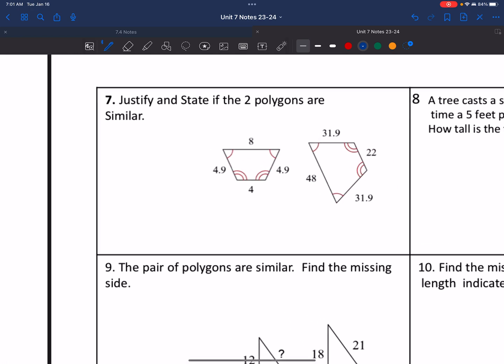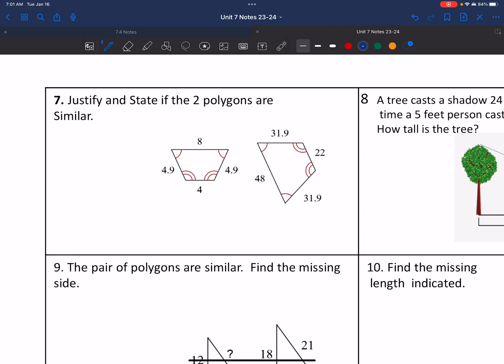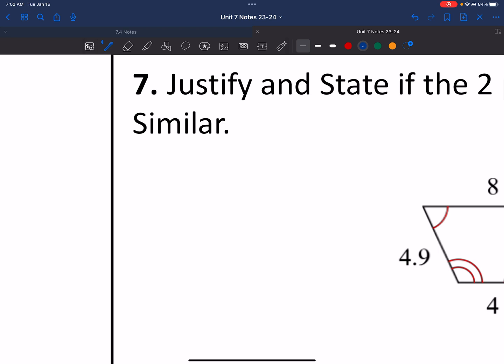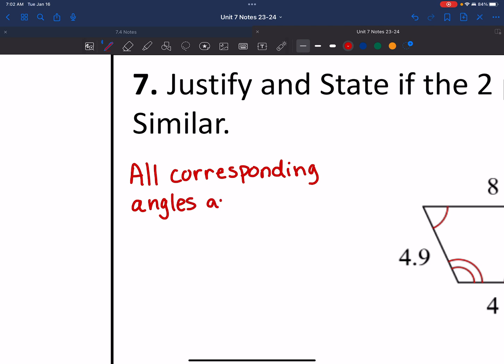All right, number 7 says justify and state if the two polygons are similar. So in order to be similar, all corresponding angles need to be congruent.